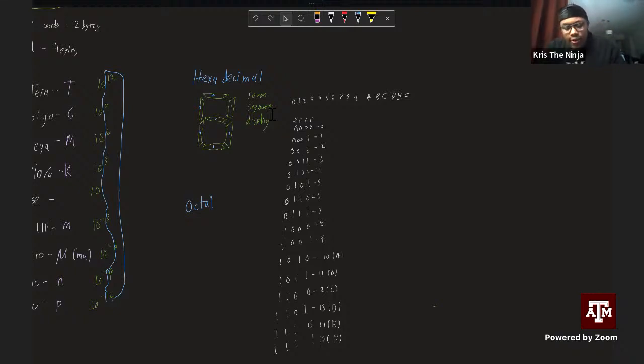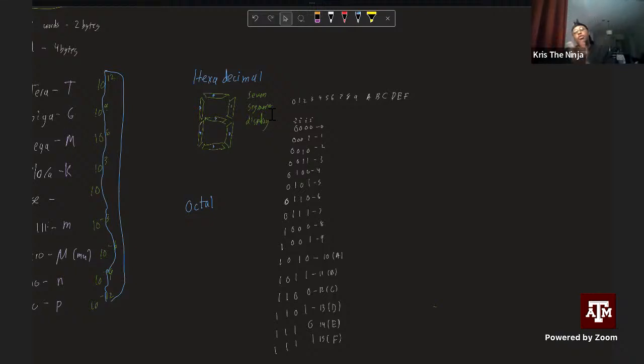If only 2 to the 0 is lit up, you get 1. If 2 to the first and 2 squared are lit up, you get 4 plus 2, which gives you 6. So that's how you can count in binary. But this cool hexadecimal system allows us to write larger numbers as a shorthand.